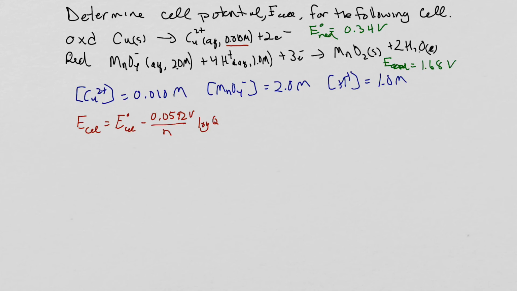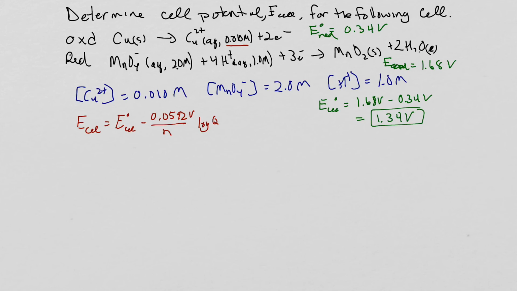So that means my E cell standard equals my cathode, my reduction, 1.68 volts, minus my anode, 0.34 volts, which gives me a value of 1.34 volts for E cell under standard conditions.